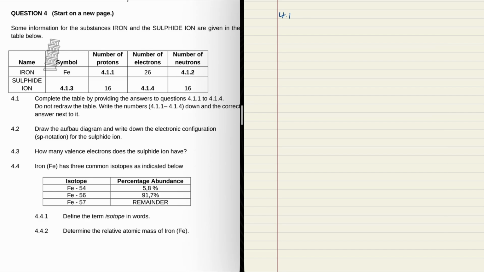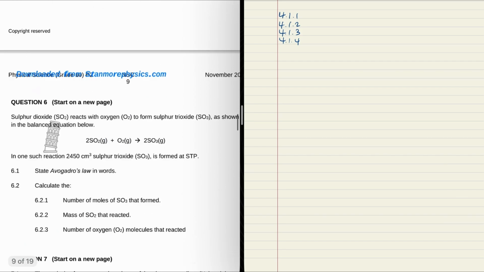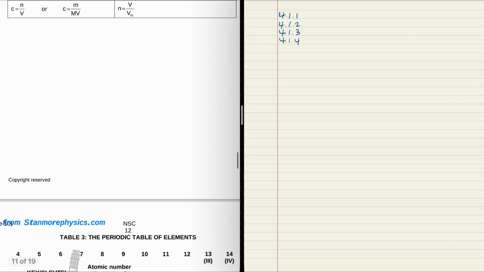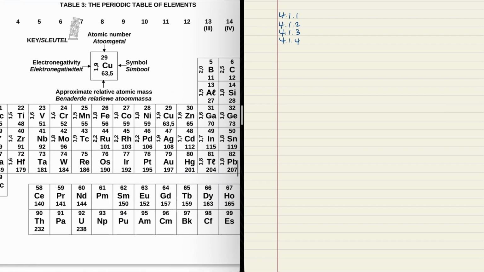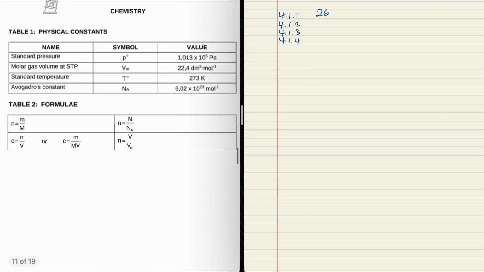Do not redraw the table. 4.1.1 is asking for the number of protons in iron. For this, we need to look at our periodic table. Iron is here. This is the atomic number, and that's going to be the number of protons. It's going to be 26.